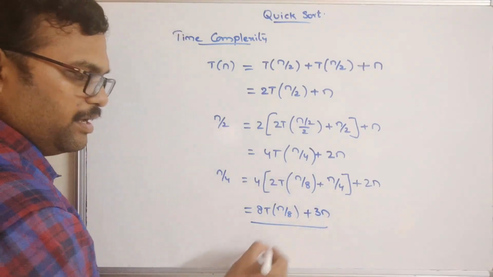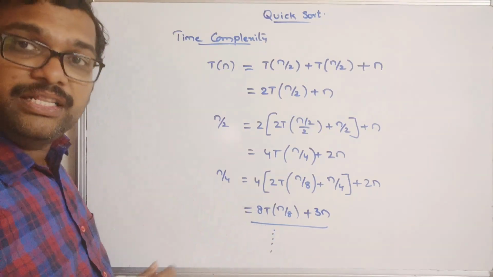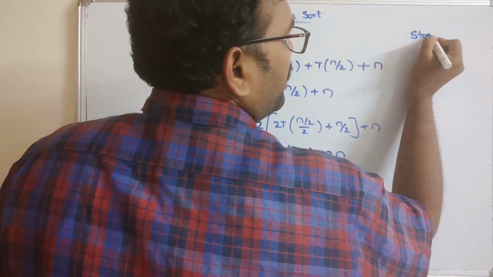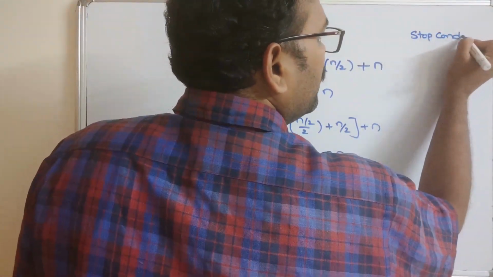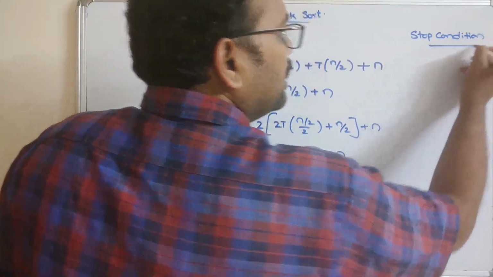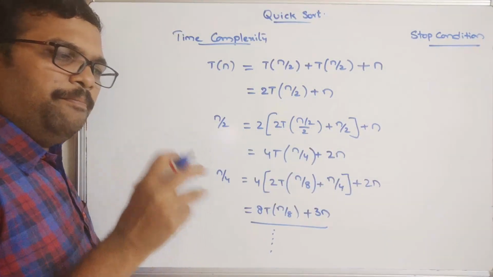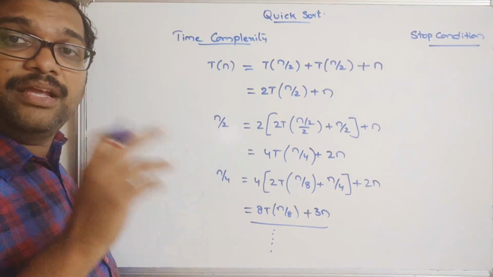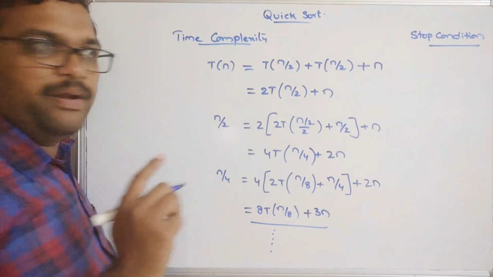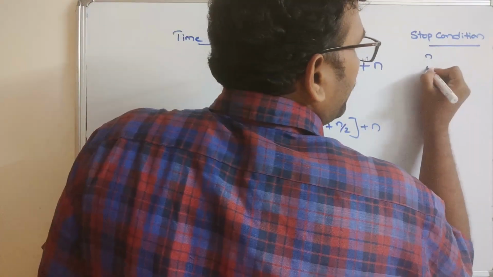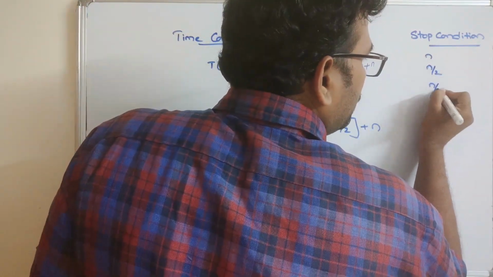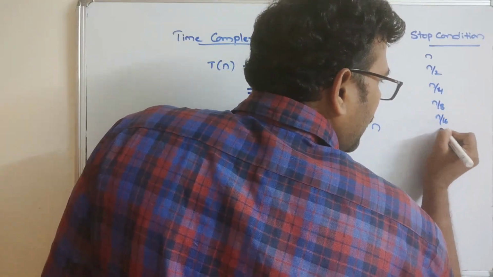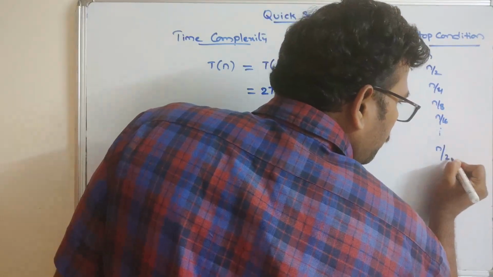So this will be continued. And what is the stop condition? Here also the most important is the stop condition, because from that only we will get some values. So we are dividing the complete elements into halves, and repeatedly doing the same thing until we get one element. That means n/2, n/4, n/8, n/16, and so on, n/2^k.